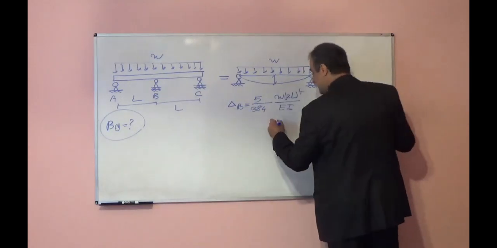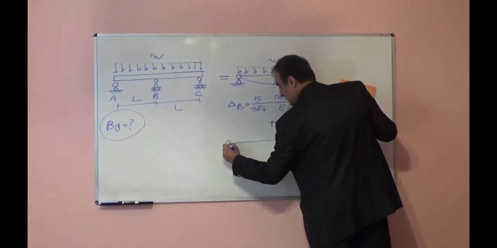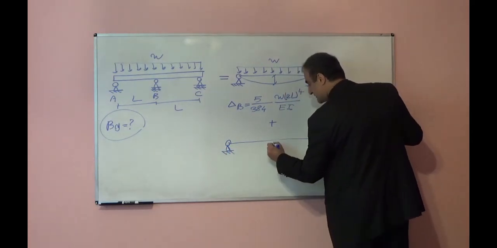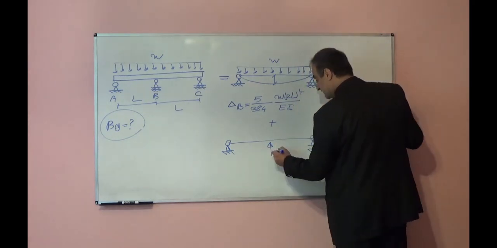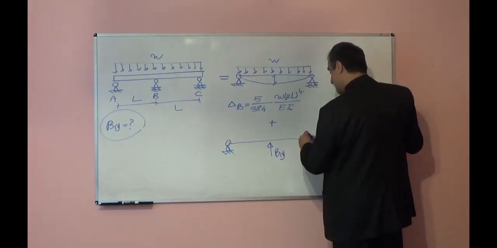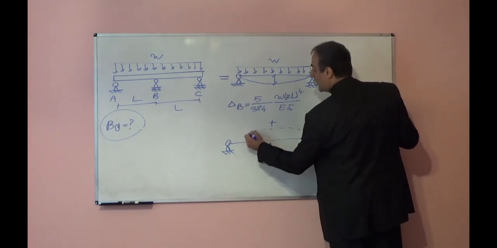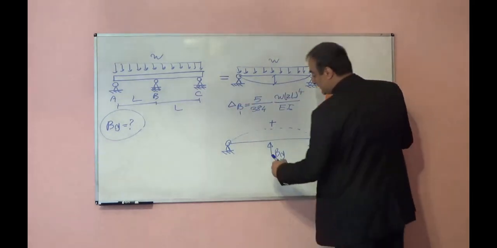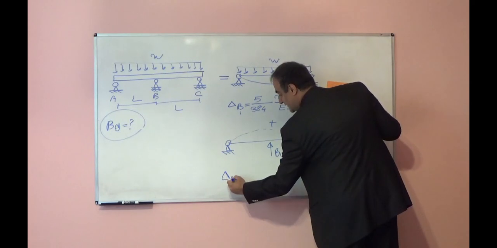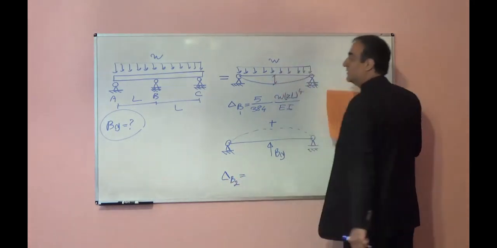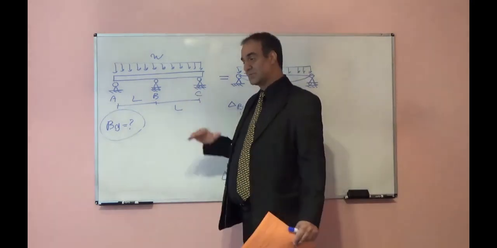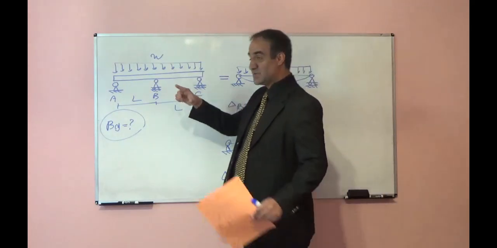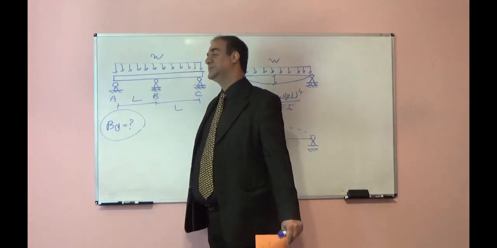But in reality, we have a support over there. So if point B moves down, this support reaction will apply a force in the inverse direction, and again point B will move up. So here it will move delta B1 down. Because of this reaction, it will move delta B2 up. In reality, delta B1 downward should be equal to delta B2 upward, because they should cancel each other. Deflection at point B is equal to 0.